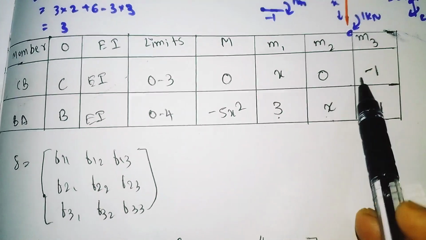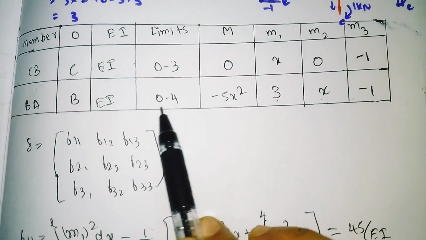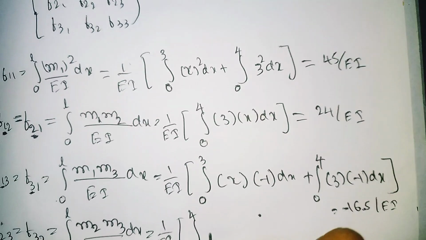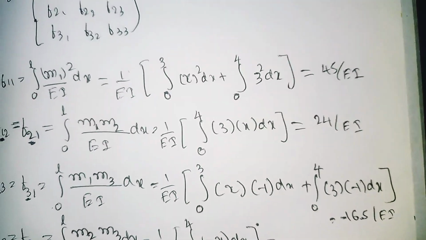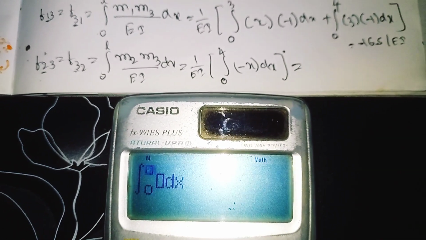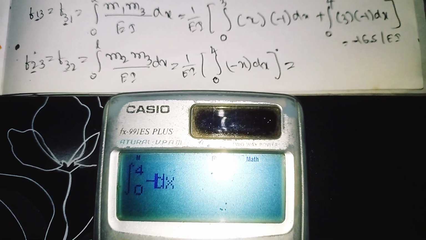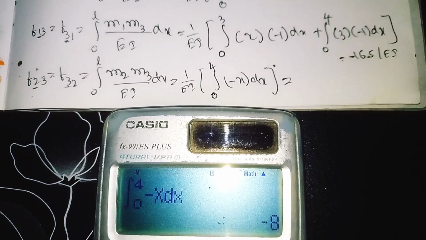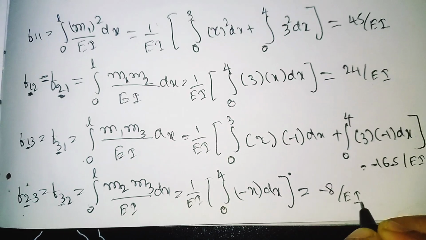For CB, 0 into anything becomes 0, I am not taking it, and this into this one is minus x. So your limit is 0 to 4. Integration of 0 to 4 of minus x into dx. So solve it. Integration of 0 to 4 of minus x into minus x. So it will come out as minus 8. F23 value is minus 8 divided by EI.